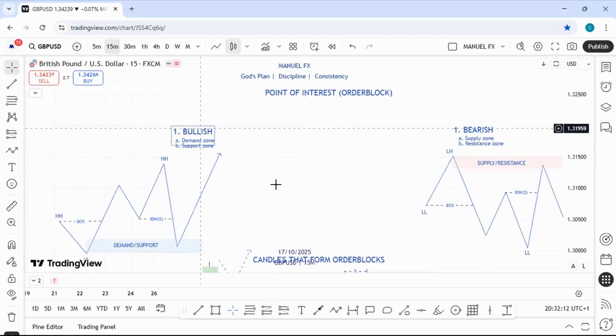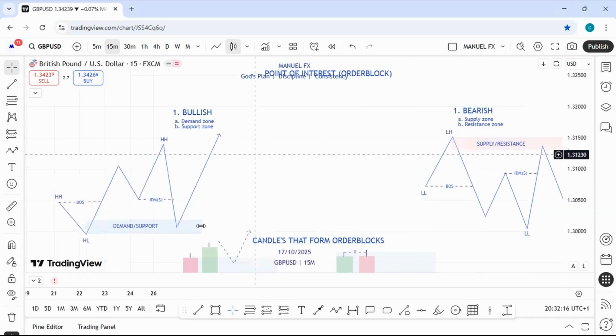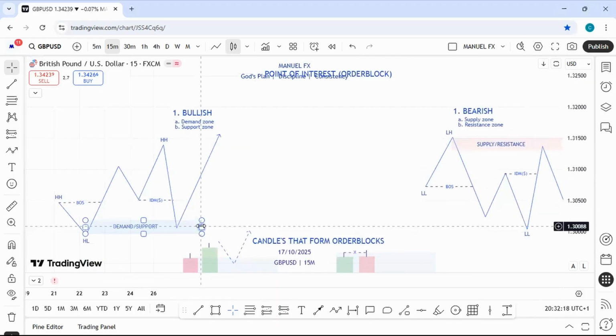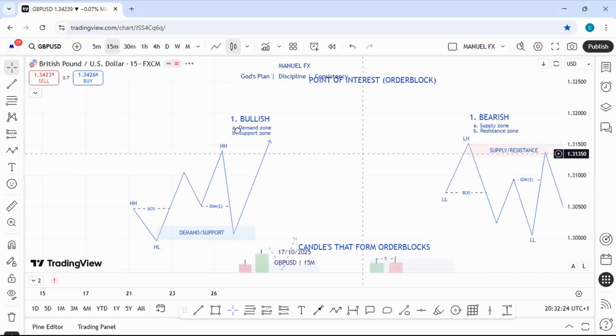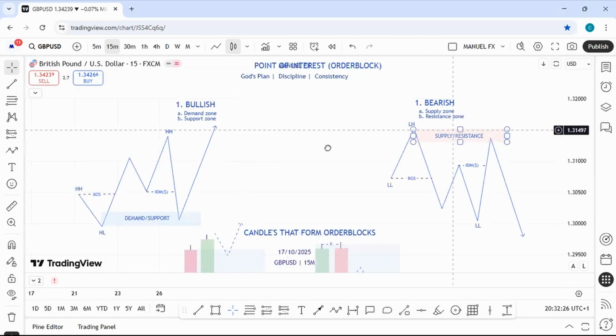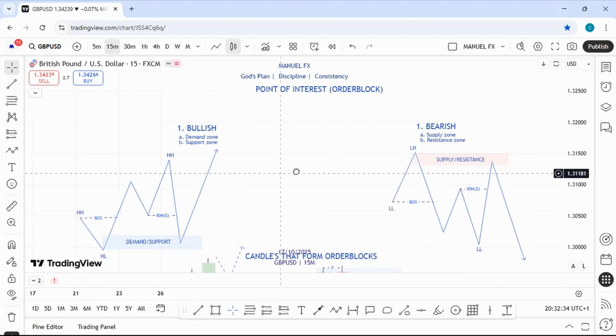So for bullish, you can call it a buy POI, a demand order block, or a support order block. Then for the sell, you can call it a sell POI, a supply order block, or a resistance order block.